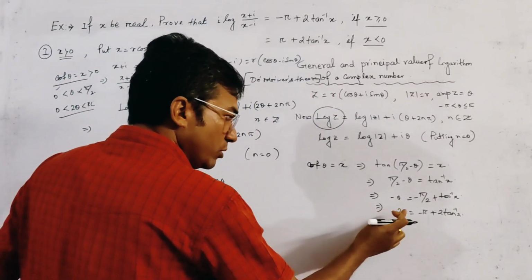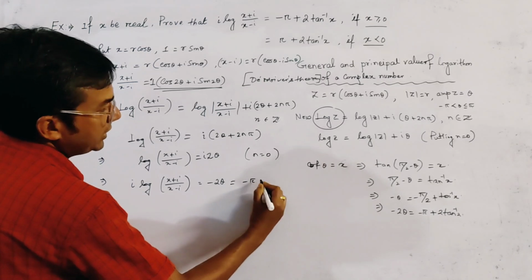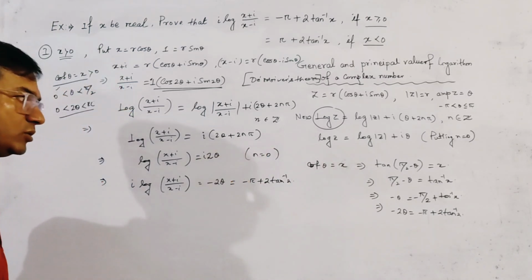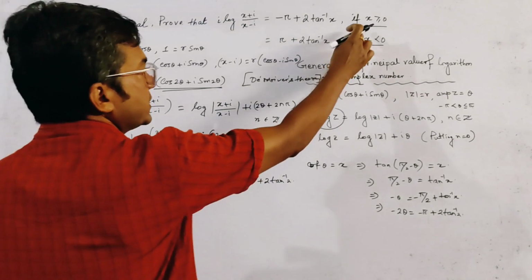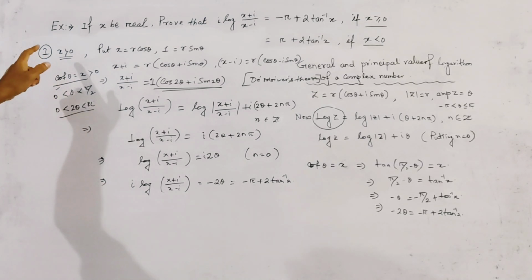Putting the value of −2θ here, we get −π + 2 tan⁻¹x. Clearly this is the required proof for x greater than 0. So we proved the first case, that is x greater than 0.